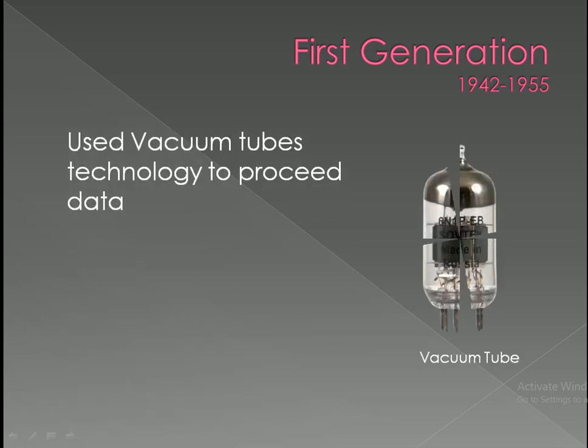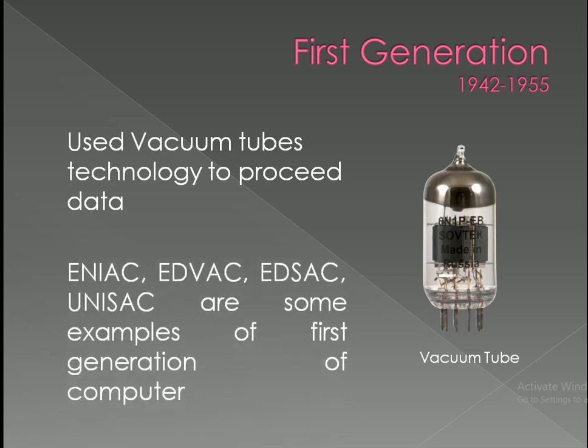Number one, first generation. It starts from 1942 and ends in 1955. In the first generation of a computer, the computers used vacuum tube technology to process data. For example, ENIAC, EDVAC, EDSAC, UNIVAC are some examples.